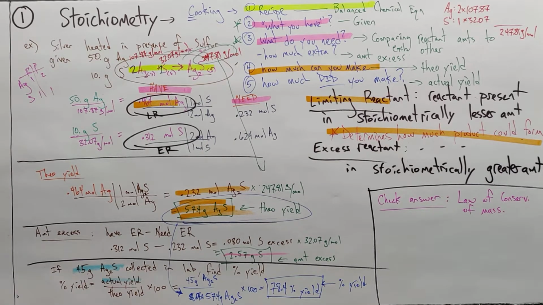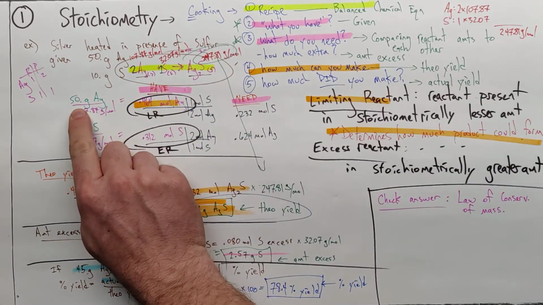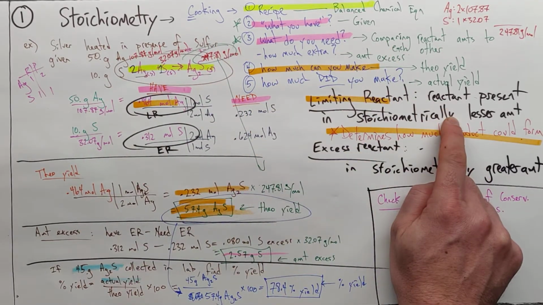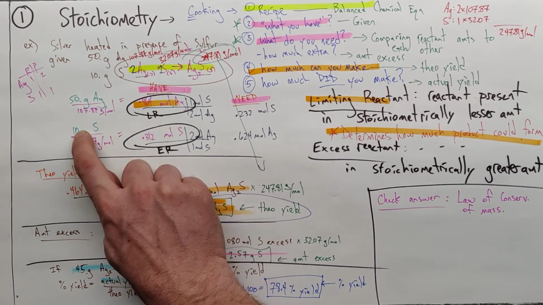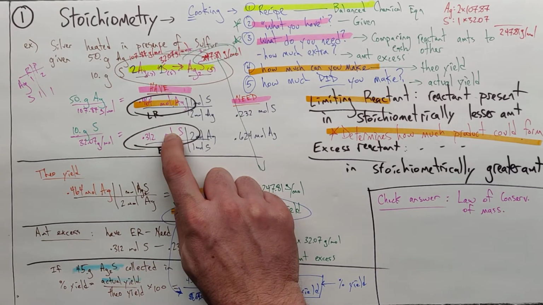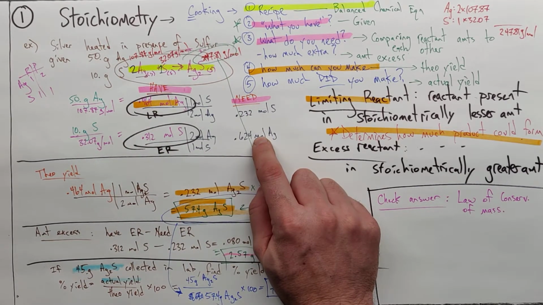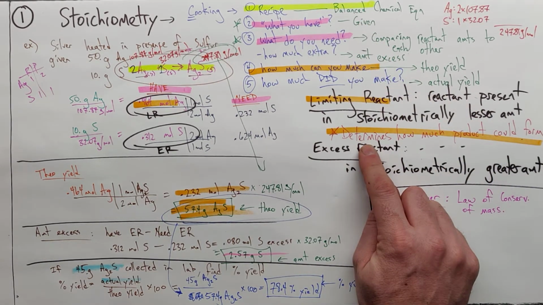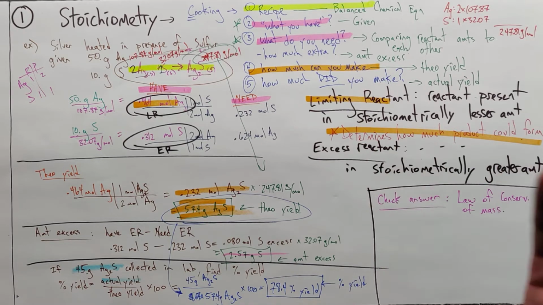And I will mention right now, the traditional way to teach stoichiometry is to take this and turn it into moles of sulfur and turn it into a theoretical yield of your product. And take this and turn it into moles of sulfur and turn it into moles of your product, and compare which one has a fewer number of moles of your product. And I think the whole purpose gets lost in that confusing step.